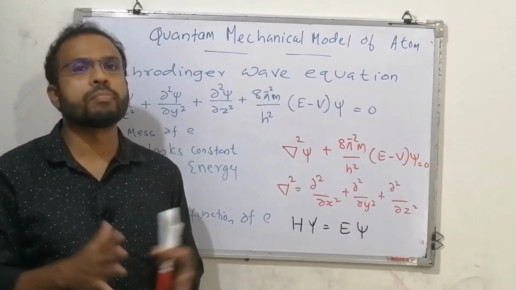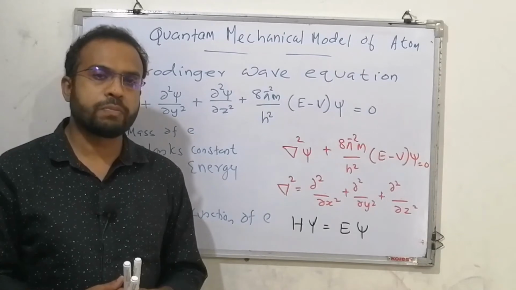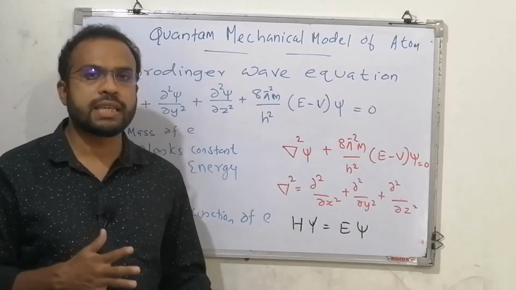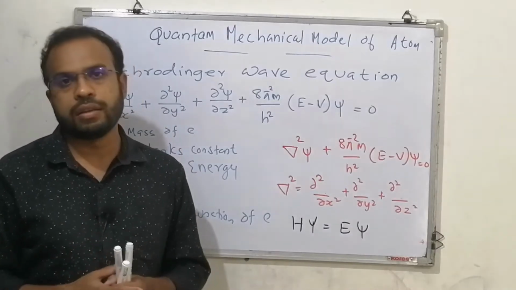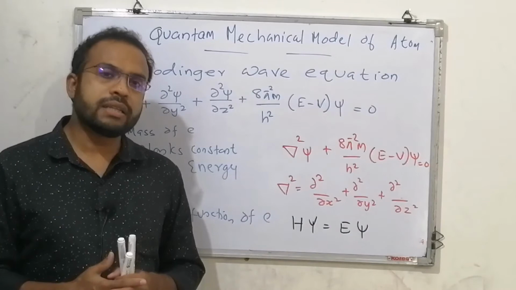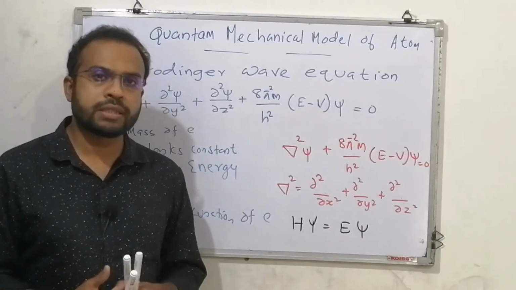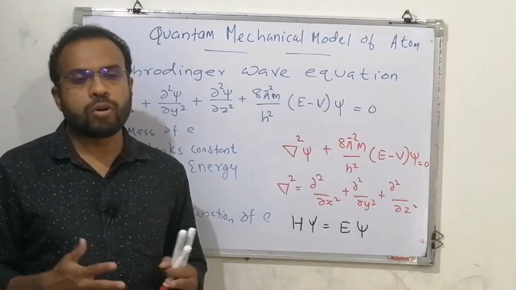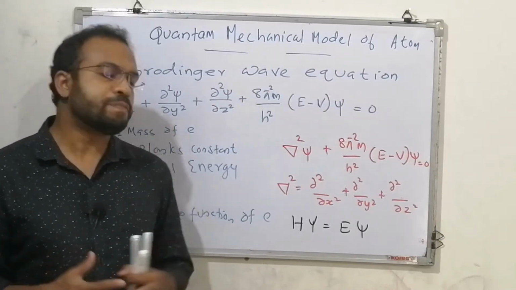Here you have orbital. I will explain what is orbital. O-R-B-I-T-A-L, orbital. Orbit, orbital. Orbital is a three-dimensional space around the nucleus where electrons are most probably seen.